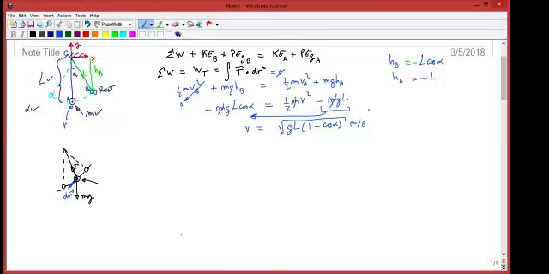Whenever you do an energy problem, when you practice, always redo the same problems several times by picking a different coordinate system and see how the potential energy term due to gravity changes. It's always good practice. Good. Any other questions?